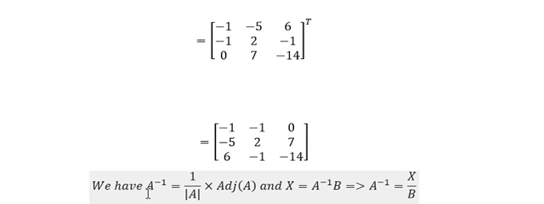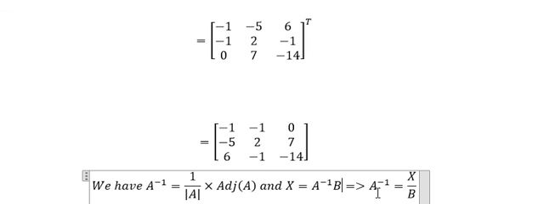So we have the next formula: capital A to the power of -1 equals 1 over the determinant of matrix A multiplied by the adjugate of A. And we have this formula from the beginning. This is what we just calculated. Now we have A to the power of -1, and we multiply both sides by B because we want to convert X equals A to the power of -1 times B to replace in this equation.